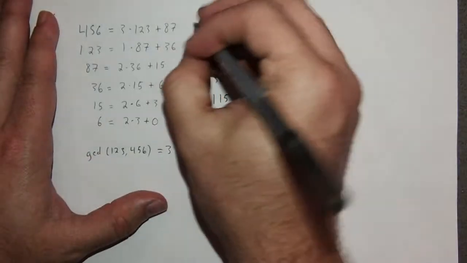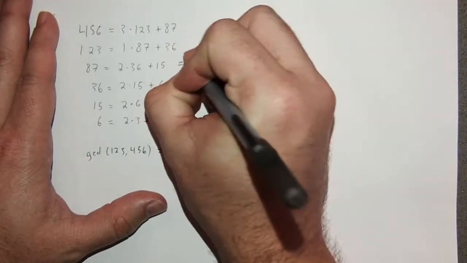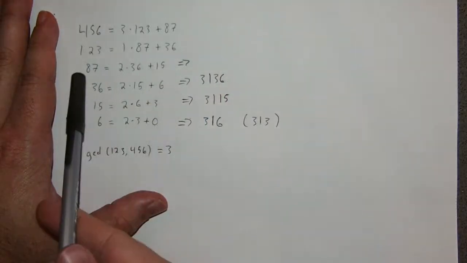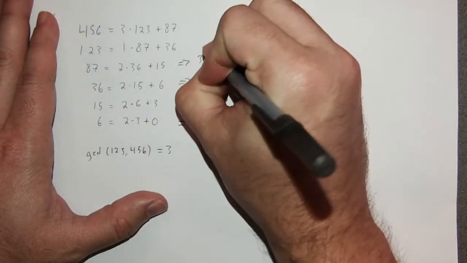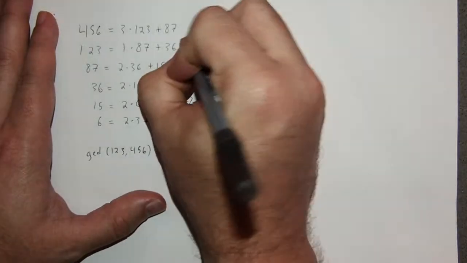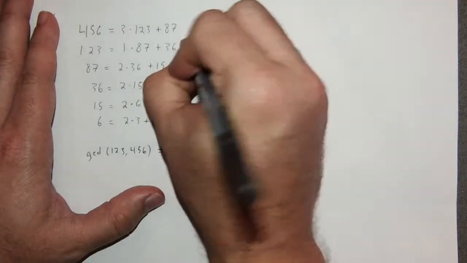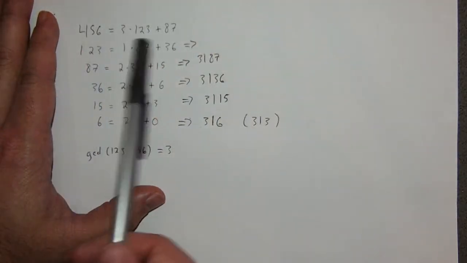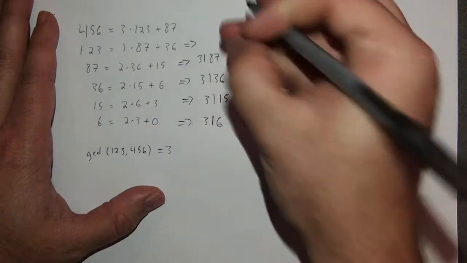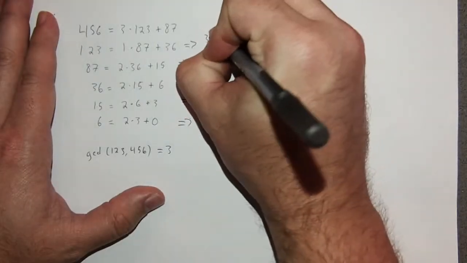Okay, so this line, likewise, since 87 is written as a linear combination of 36 and 15, says that 3 divides 87. Continuing on, since this line is stating that 123 is a linear combination of 87 and 36, and 3 divides both of those, then 3 divides 123.